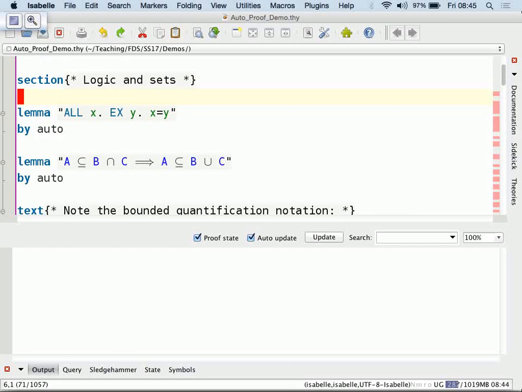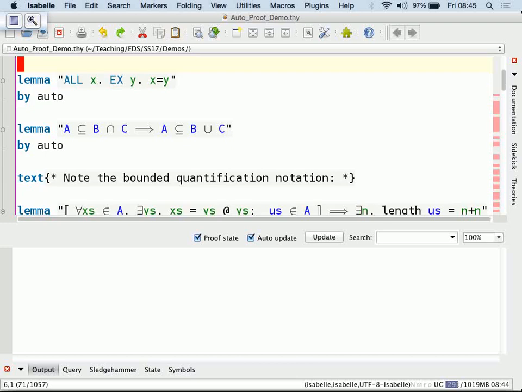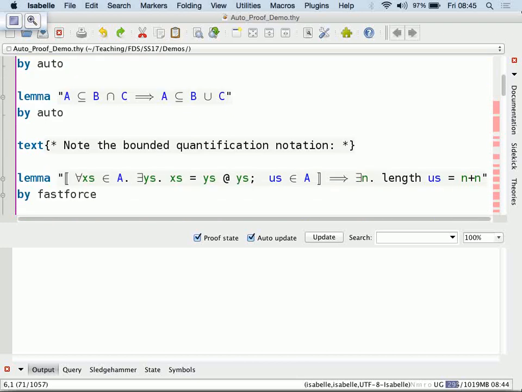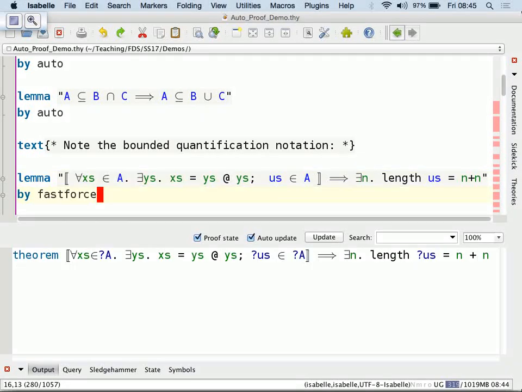So auto can prove that one as well, but there are limits. So here, for example, there's a theorem that auto will not be able to prove, and note the bounded quantification that we also introduced last time already. So what does this theorem say? It says for every list xs in A, there exists a list ys such that xs is of the form ys append ys.